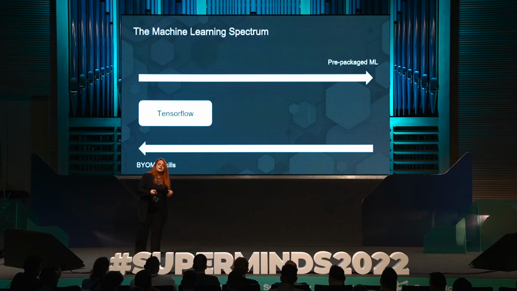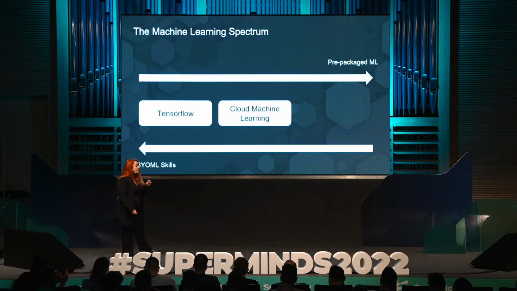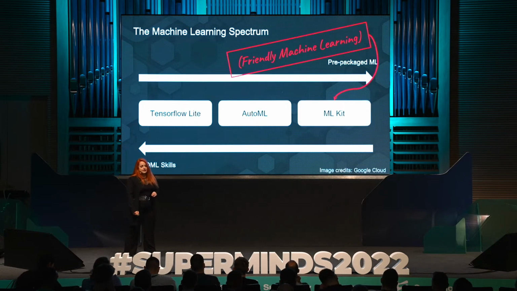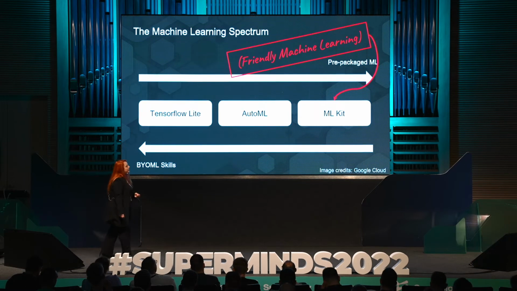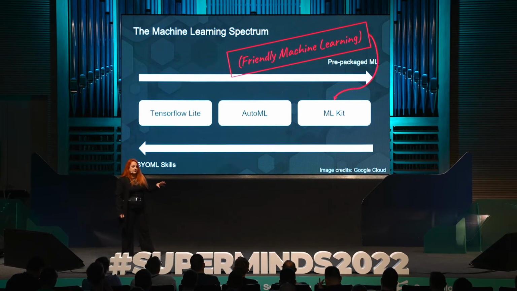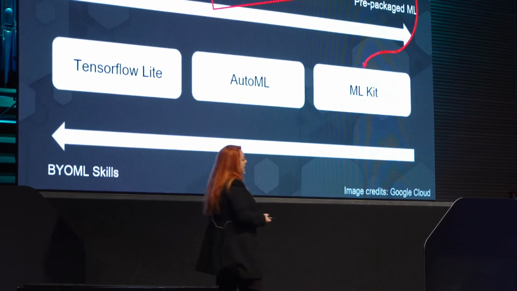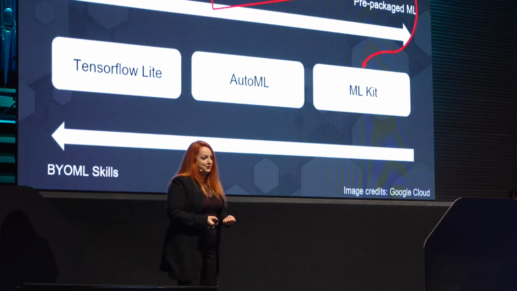You do need some machine learning expertise. In the middle, we have cloud machine learning, and at the end, the machine learning APIs. Of course, we're talking about mobile, so this translates into TensorFlow Lite, AutoML, and ML Kit. The further away you get from this side, the less friendly it becomes for you.